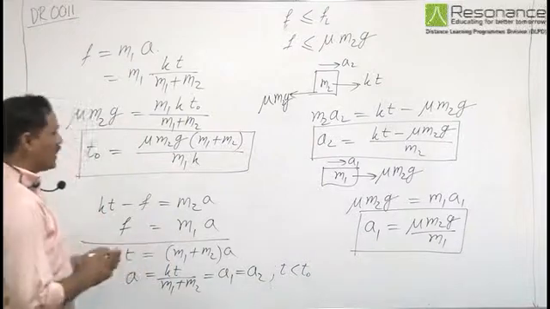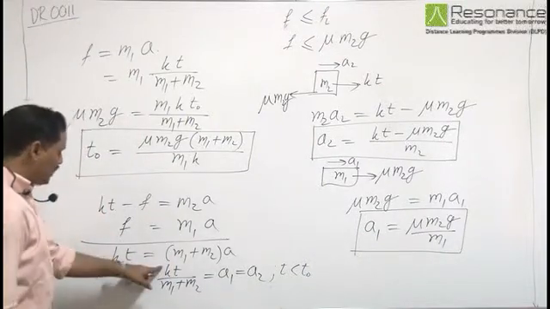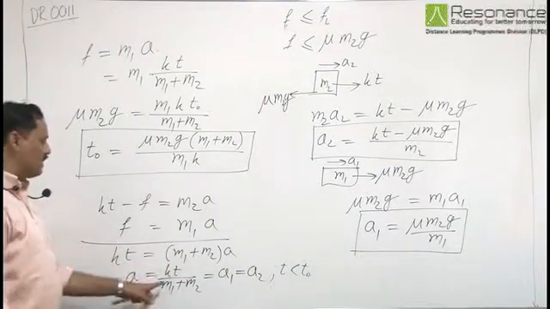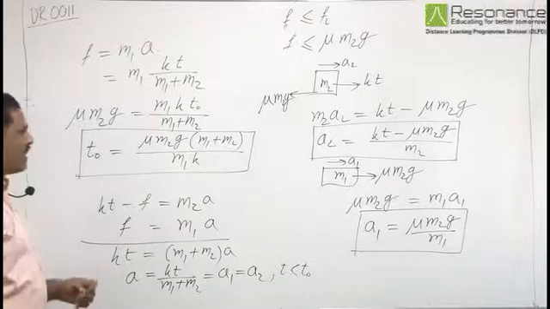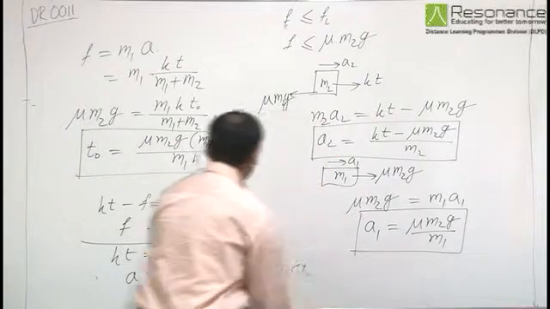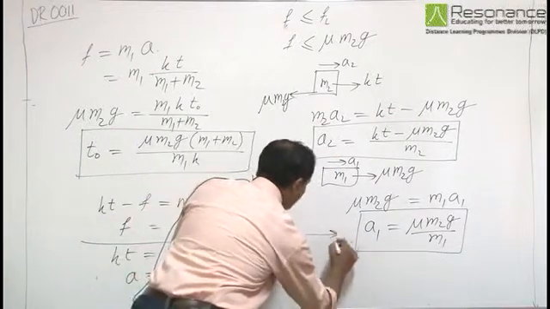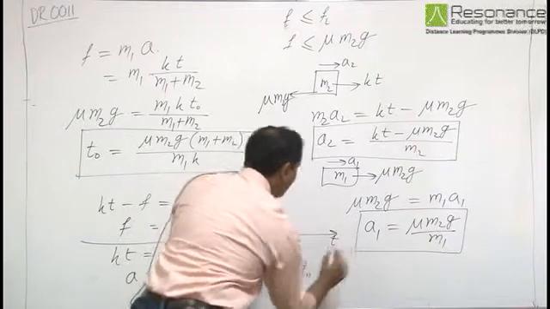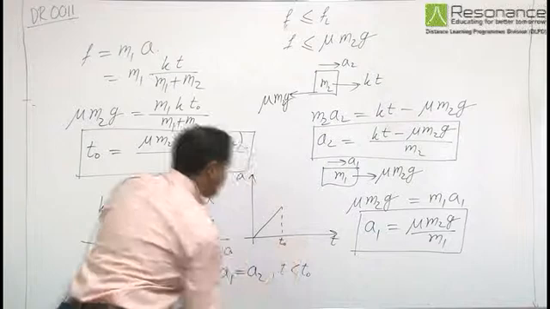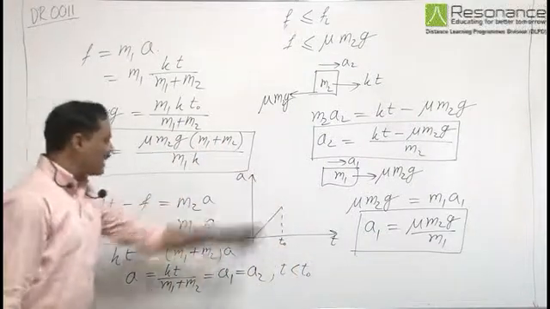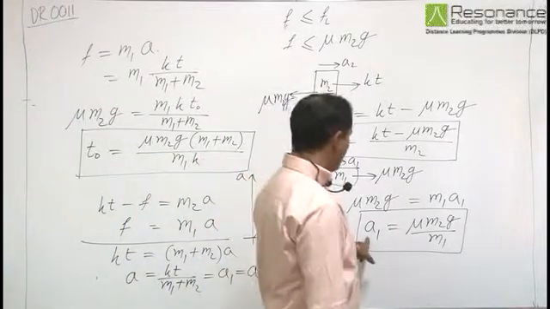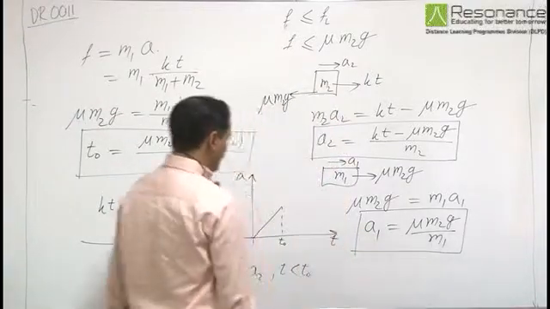Now if we look at the equations, initially acceleration was a linear function of time, so the graph will be a straight line passing through the origin before t0. If we plot acceleration versus time, then before t0 it is a straight line passing through the origin.